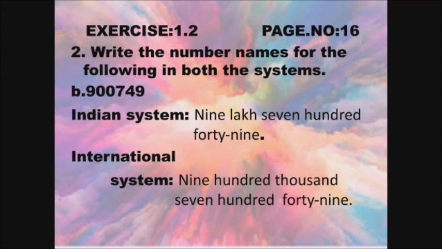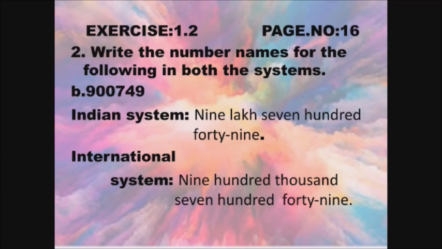Before writing, first we can count the digit from ones place. Ones, tens, hundred, thousand, 10,000, lakh. So in Indian system we have to start from lakh. So 9 lakh 749.